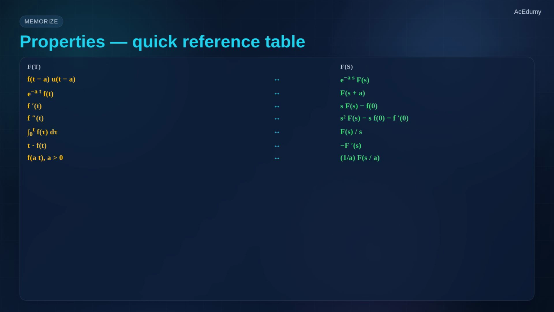Integration divides by s. Multiplication by t differentiates with respect to s. Time scaling, f(at) maps to 1 over a, F(s over a). These 8 rules, plus the 6 pairs from last lesson, cover essentially every signal in linear circuit analysis.